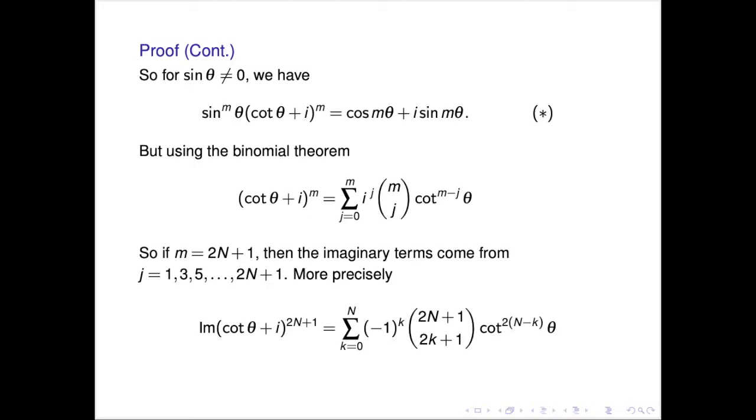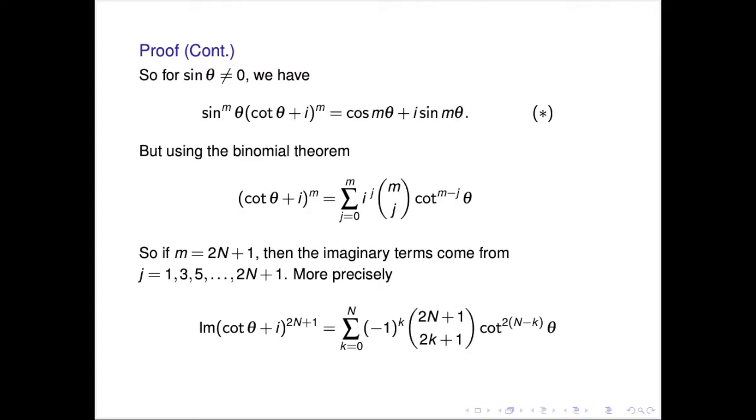Now if m is taken to be 2 times capital N plus 1, then the imaginary terms in cotangent theta plus i raised to the power m come from all the odd indices of j, that is j equals 1, 3, 5 all the way up to 2N plus 1.